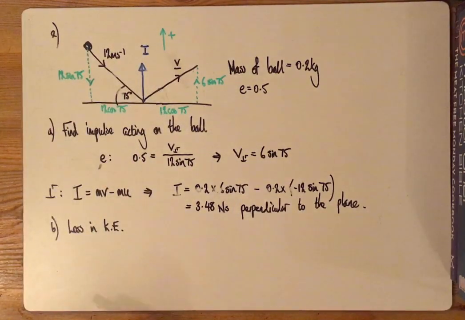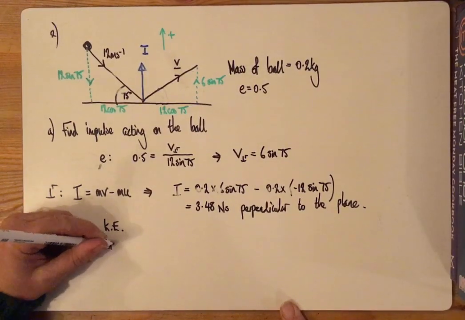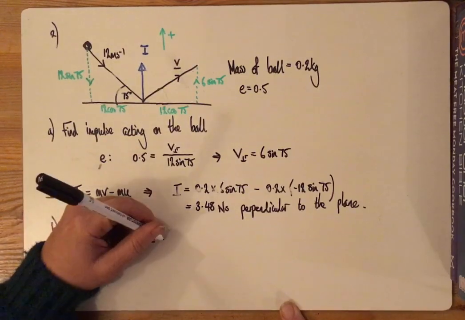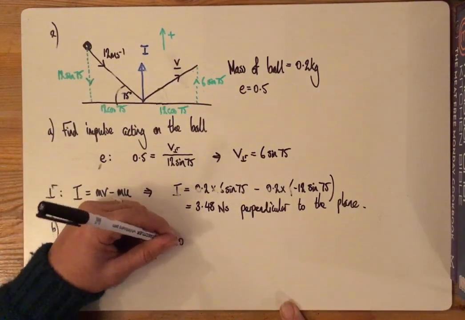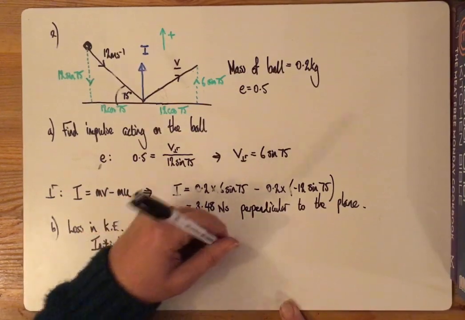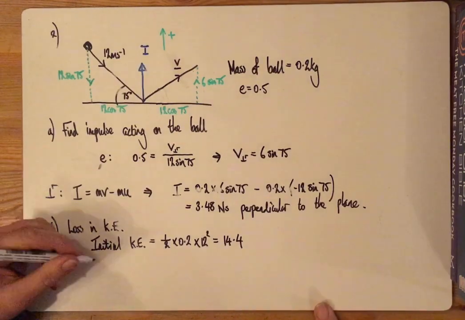But kinetic energy is working with speed again. It's just all a little bit subtle. So the initial kinetic energy is equal to a half mv squared, which is 14.4.